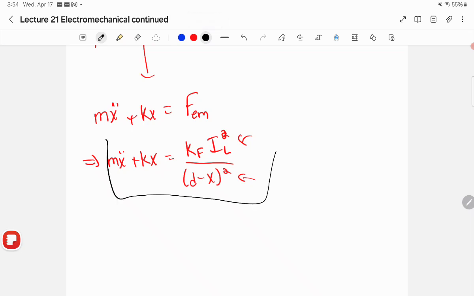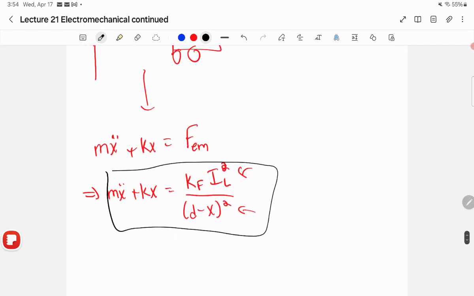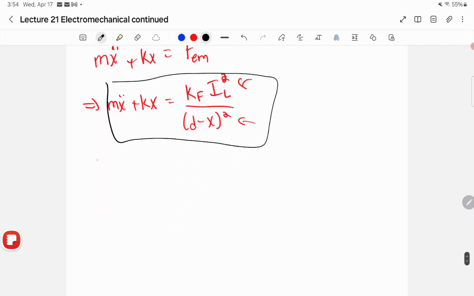Okay, so we have these two equations, and I'm going to put this in state space. I'm going to let IL equal x1.